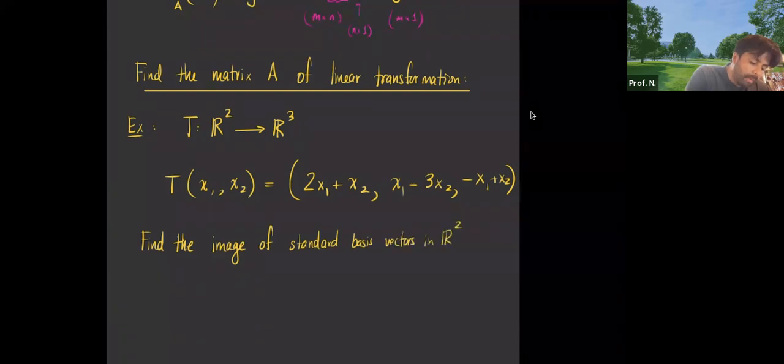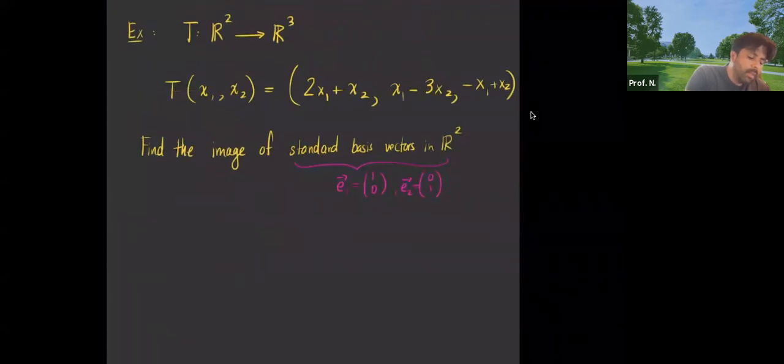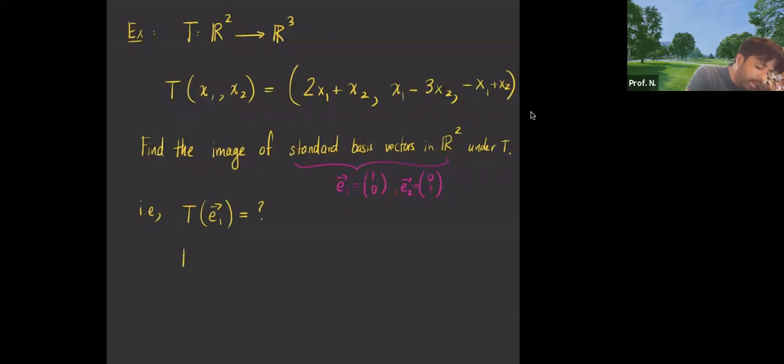And these are E1, which is 1, 0, and E2, which is 0, 1. So what does that mean? Find the image of the standard basis vectors of R2 under T. In other words, find what T of E1 is, and then find what T of E2 is.